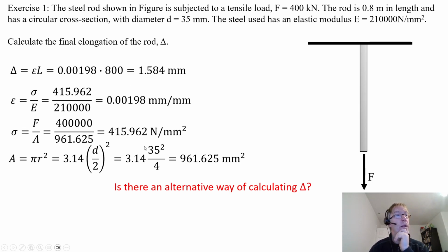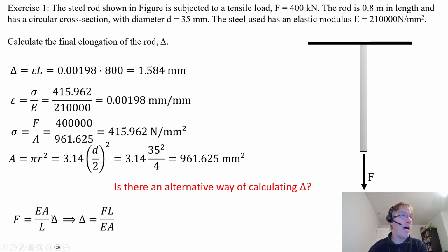So that's one way of solving that. Is there another way of doing it? Well, in actual fact, there is. There's another equation, which is F equals E times A divided by L, all multiplied by the elongation, or delta. We've seen this equation before.